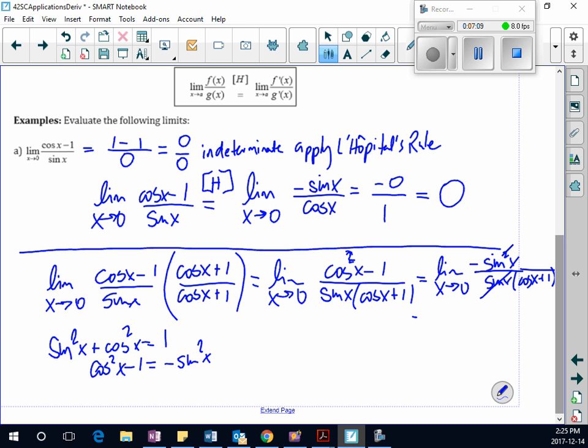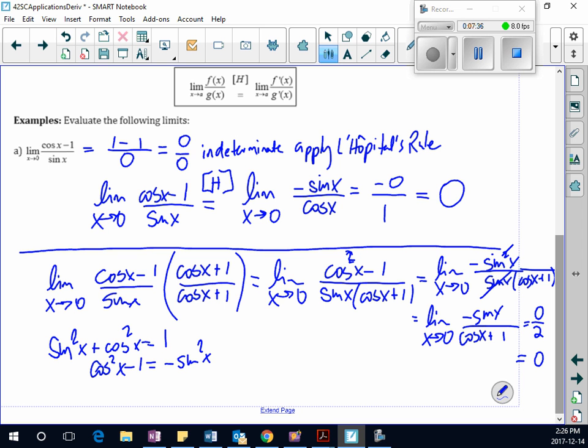And we get the limit as x goes to 0 of minus sine x over cos x plus 1. Now if I sub this in, what do I get? 0 on top, or minus 0 if you want, and if I put 0 in here, I get 2, which gives me 0. Do you see? I get the same answer, but this was way easier now.